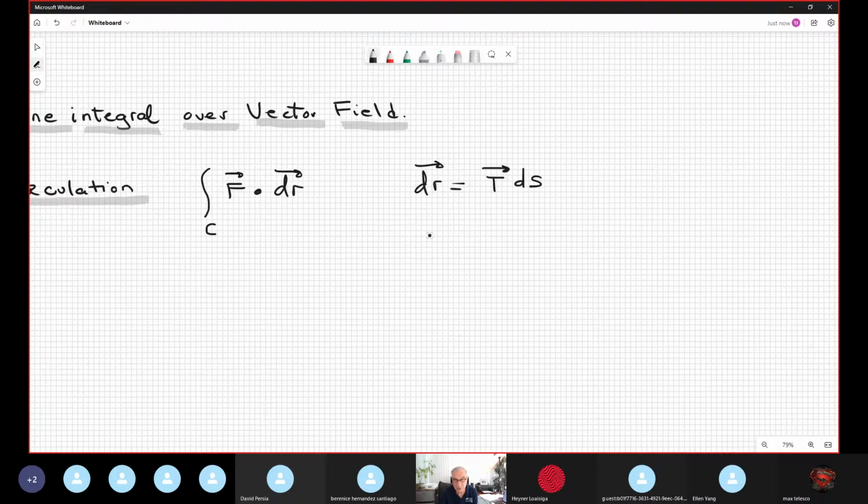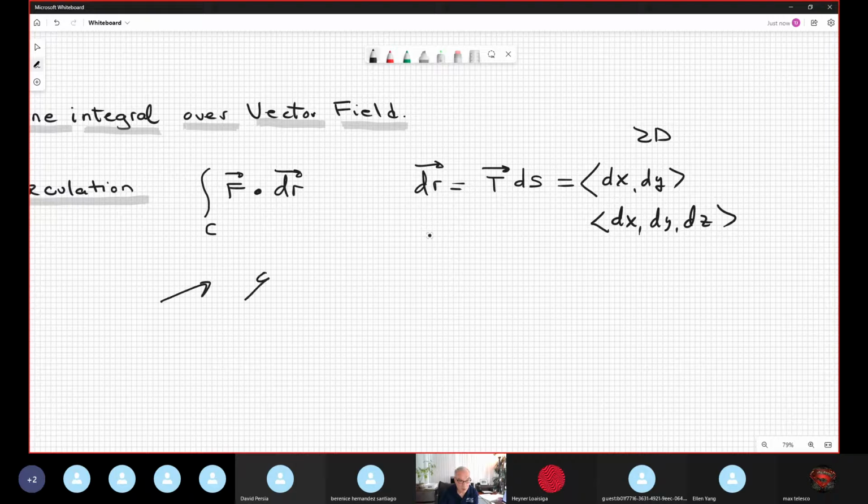dr is the vector dx, dy in two dimensions, no? In three dimensions it's dx, dy, dz. But what's the meaning of that? So basically we have a vector field. Remember, a vector field is a bunch of vectors, no?